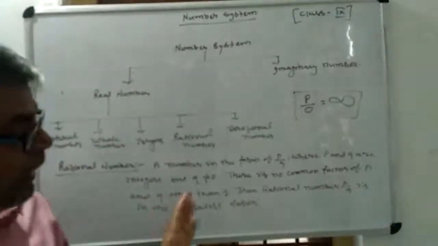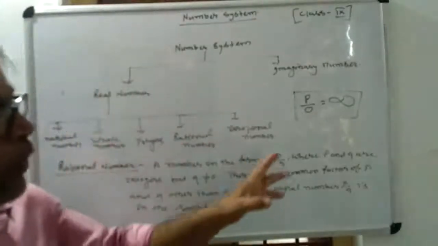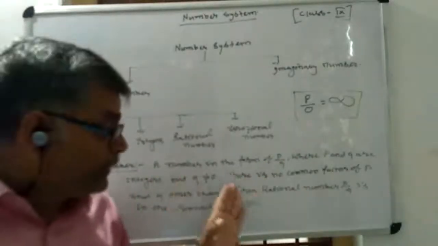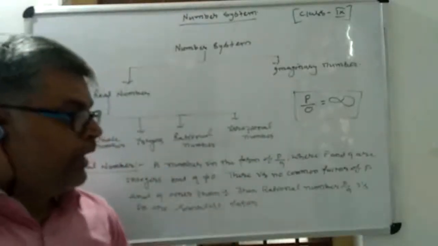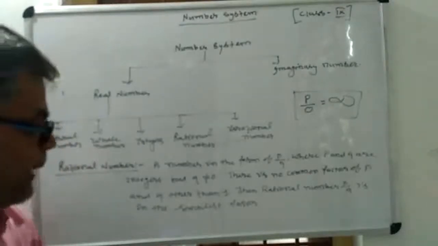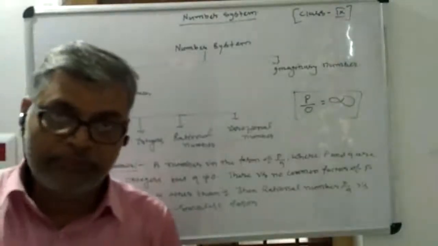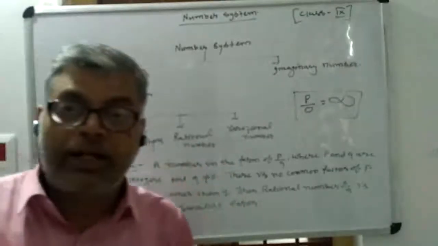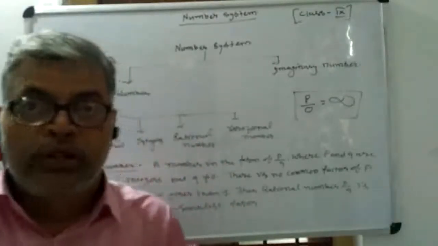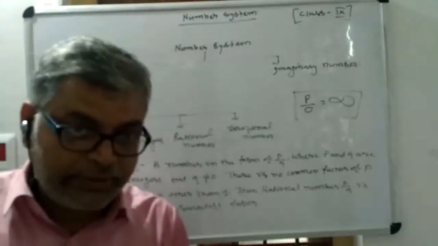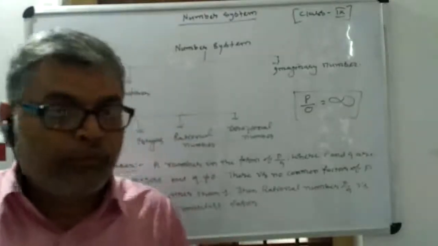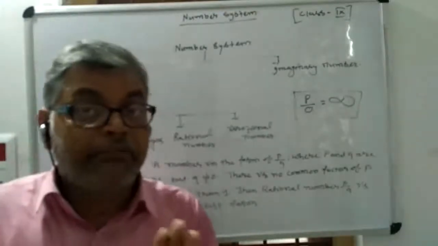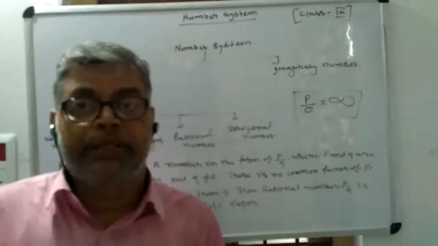A number in the form of p by q, where p and q are integers, but q is not equal to 0, and there is no common factor of p and q other than 1. When we find the common factor between p and q, if it is not other than 1, then we can say that the rational number p by q is in the simplest form.